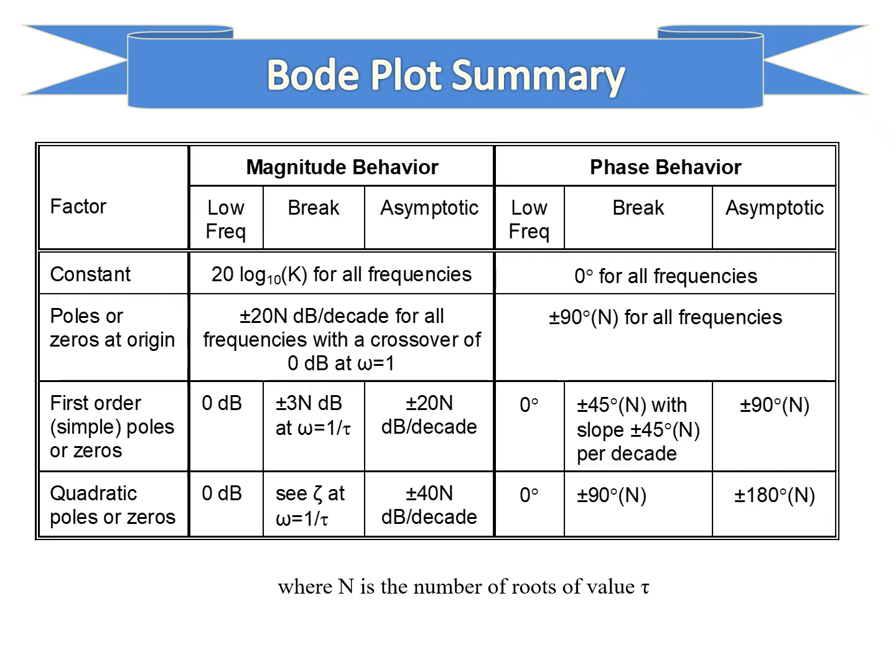Asymptotic it is plus minus 40 n dB per decade. For phase angle it is 0 degrees for low frequency, plus minus 90 degrees multiple n for breaks, and asymptotic it is plus minus 180 degrees multiple n.